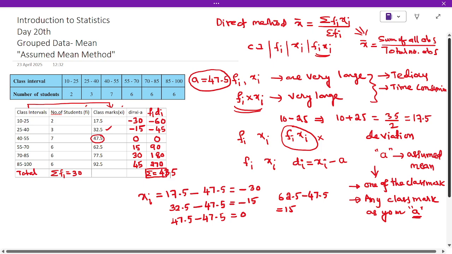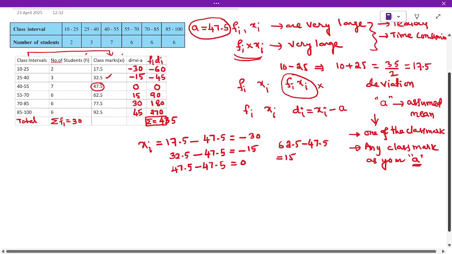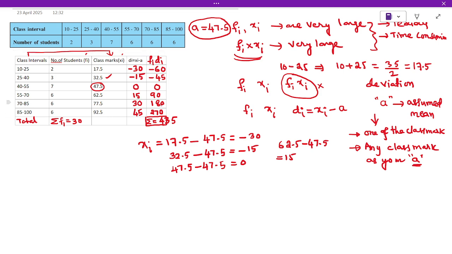Now you can clearly see that the calculations became very simple compared to the previous one.